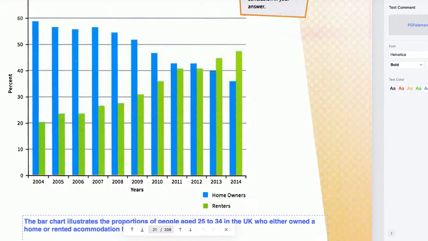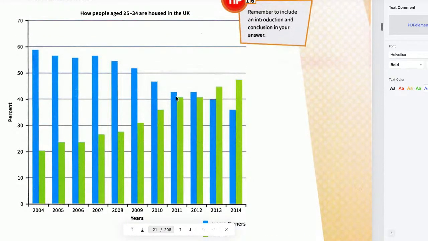You see that even for the whole period, there was a downward trend, right? But at first it went down kind of steadily or gradually. But then, starting from which year, it started falling faster?